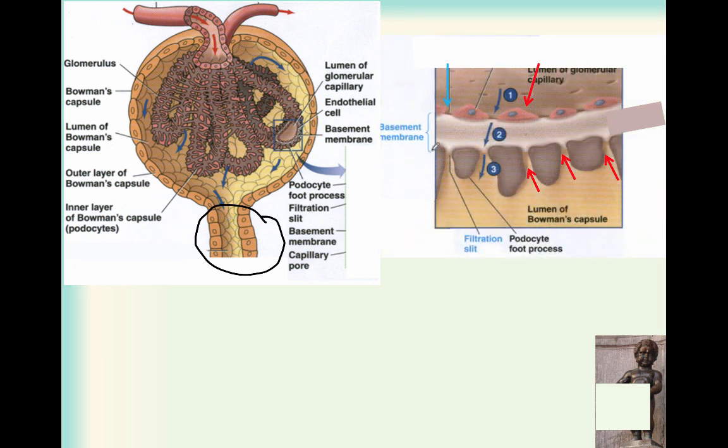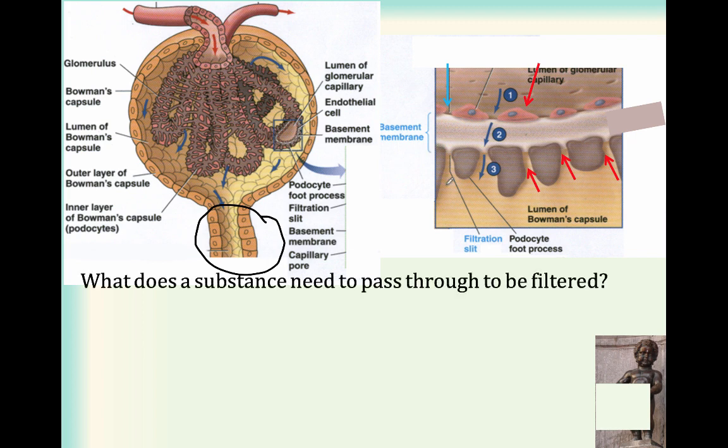And here you can see some detail of that filtration barrier again. And so you can see that we're going to have to pass across the endothelium. And so there are actually some gaps in between those endothelial cells as well as the fenestrations. And so this makes this thing nice and leaky.